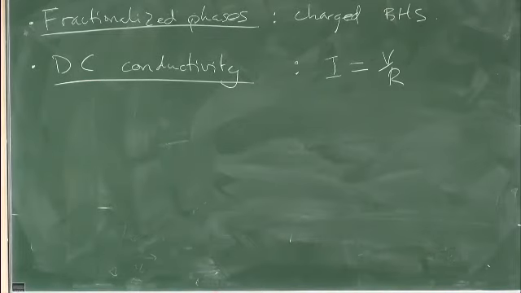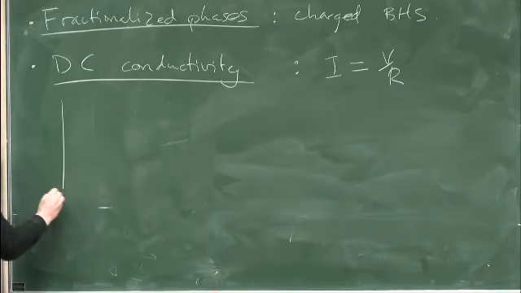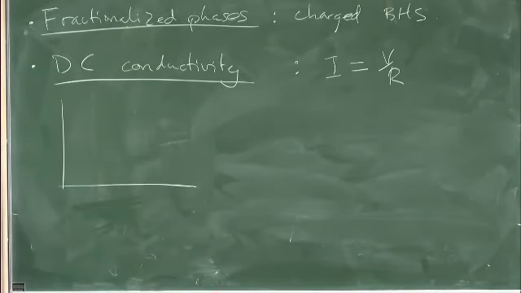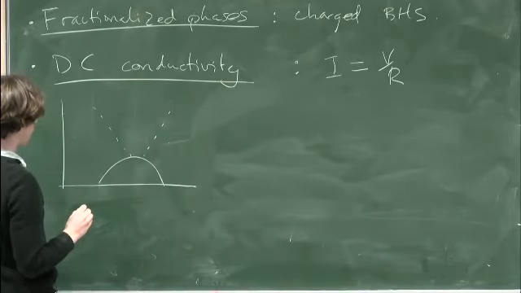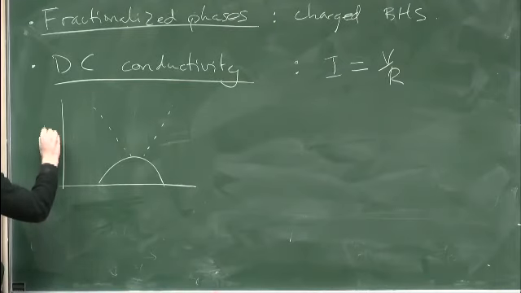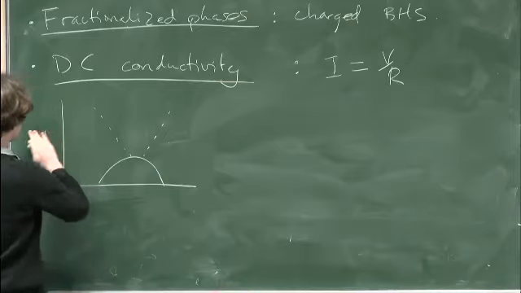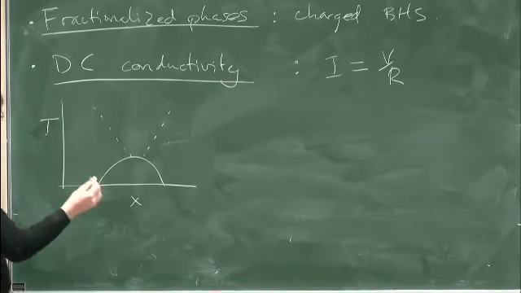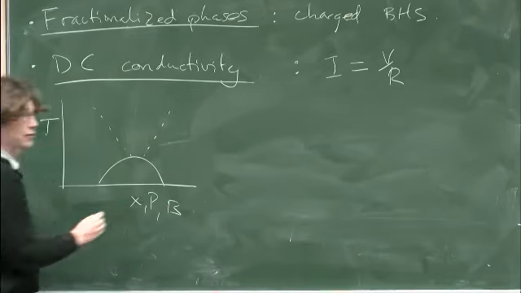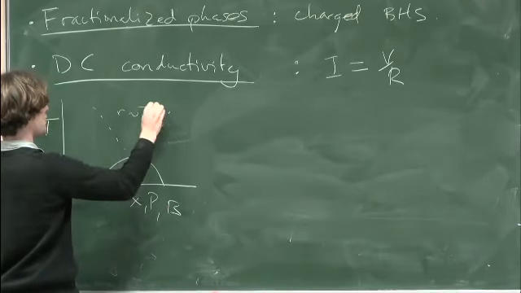Indeed, many of us have been inspired by the fact that many of the most interesting materials have phase diagrams which have regions, like high temperature superconductors, where the DC resistivity as a function of temperature, in some region of the phase diagram labeled by doping or pressure or magnetic field, whatever it happens to be, has these big regions where the resistivity is linear in temperature.